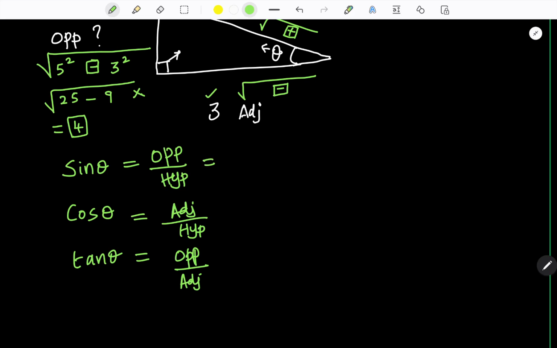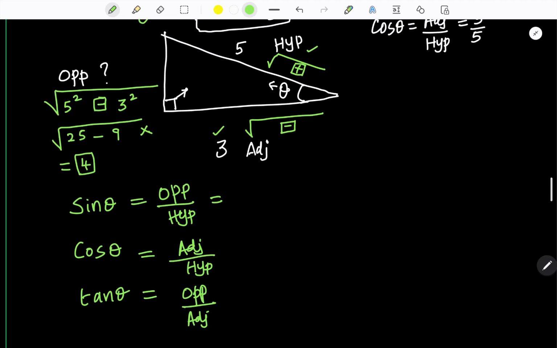Okay, this equals, what is your opposite side? Which is 4, right? I'll change another color, which is 4 divided by 5. And this equals, adjacent is 3 divided by 5. Now this is 4 divided by 3.